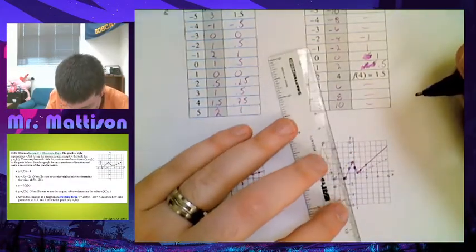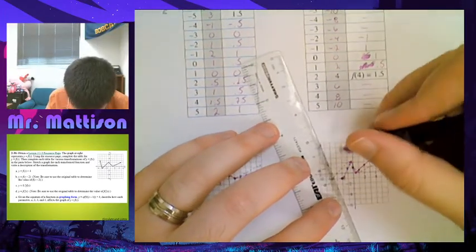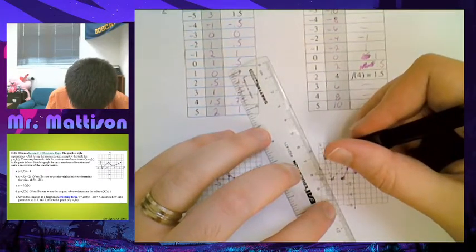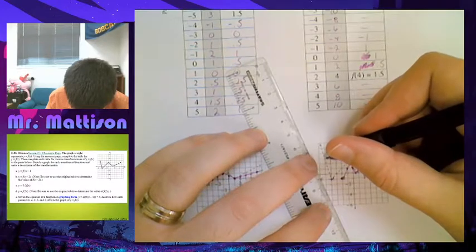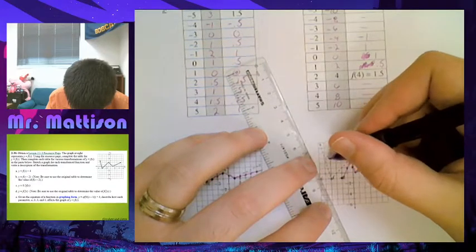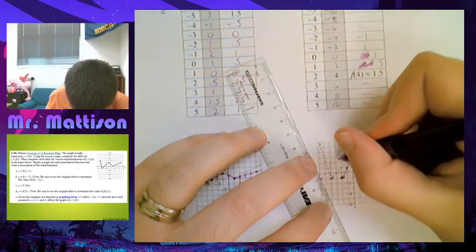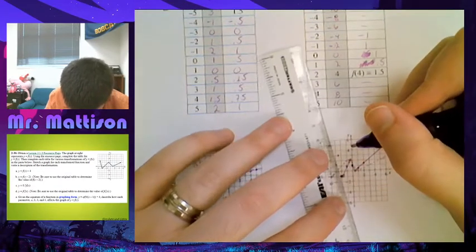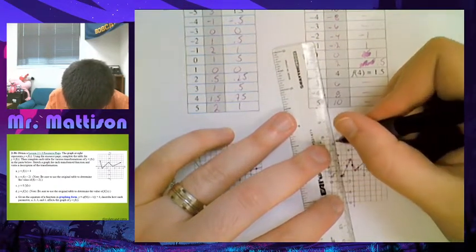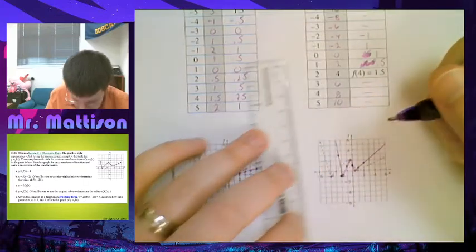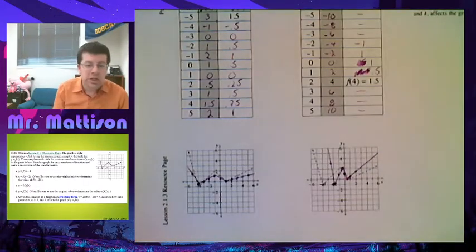And this would actually go up. So again, pretty steep there. Okay, so that's kind of what it would look like.